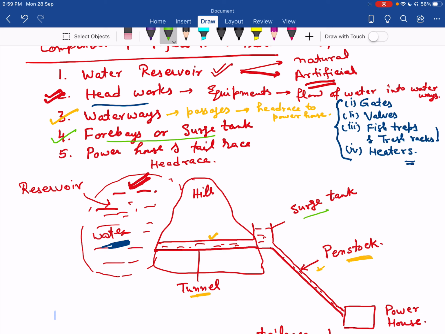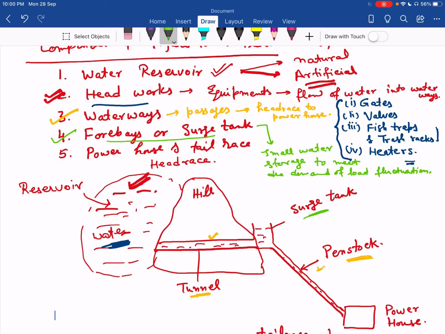This surge tank is our forebay. It is just a small water storage to meet the demand of load fluctuation.